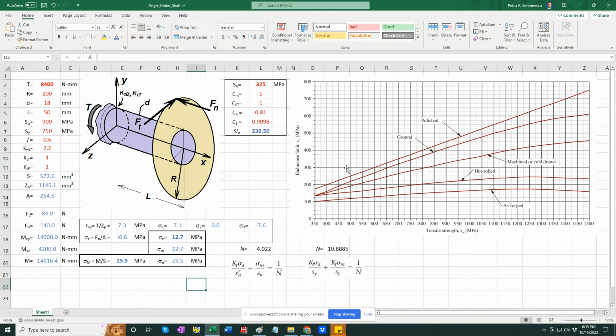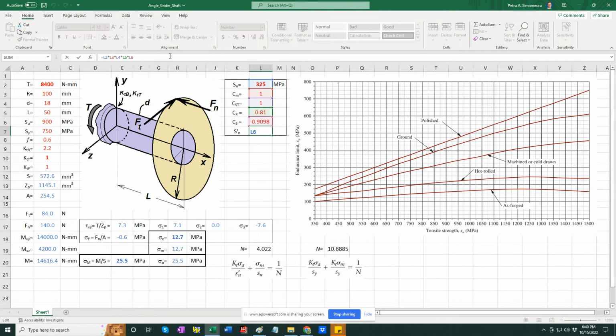So I'm reading Sn is 325 megapascals, and the coefficients there, Cm, material is 1, it's wrought steel, type of stress is bending, 1, and then reliability, 99% reliable, so that'll be 0.81, and then size factor, because the shaft is between 7.62 millimeters and 50 millimeters, we use the equation D, that is 18 millimeters in our case, divided by 7.62, everything at power negative 0.11. So we have the size factor.